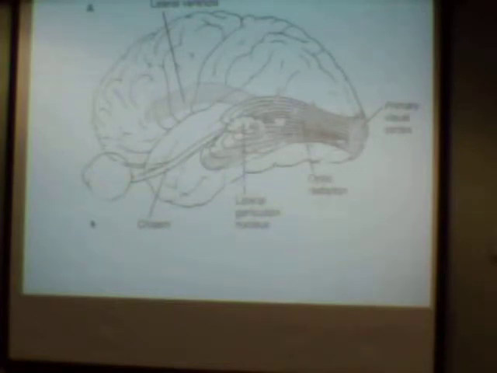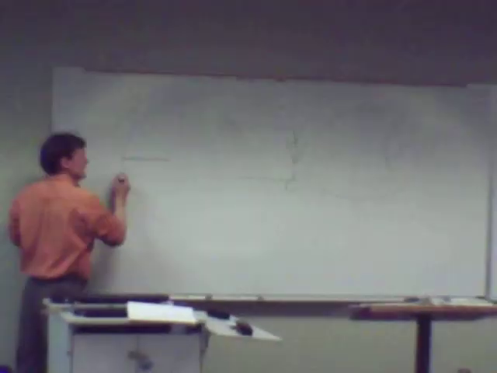The fibers from the lower visual field are going to be on top. So, in other words, if we look at the primary visual cortex, let's carry on back here. Here is now my visual cortex, let's pretend, that's the back of my head. Okay? Here is the calcarine fissure.